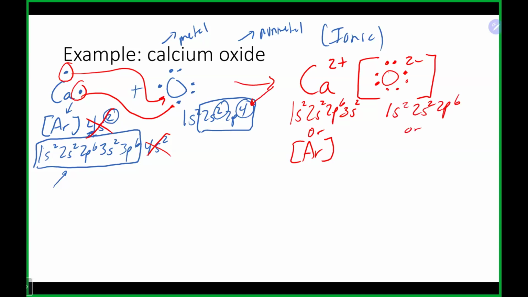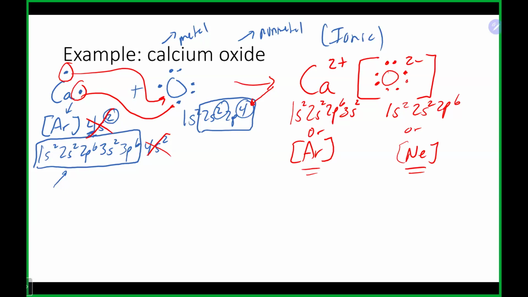And once again, if you count up those top numbers, which are the electrons, 2, 2, and 6 is 10. That once again is neon's configuration. So in this ionic compound, both calcium and oxygen are able to achieve the same electron configuration as a noble gas.